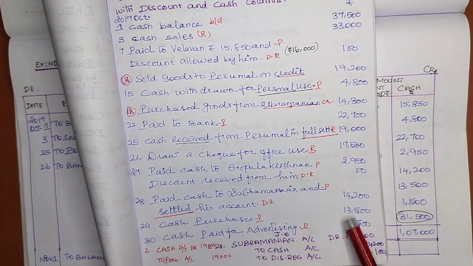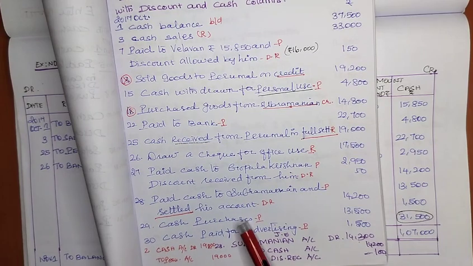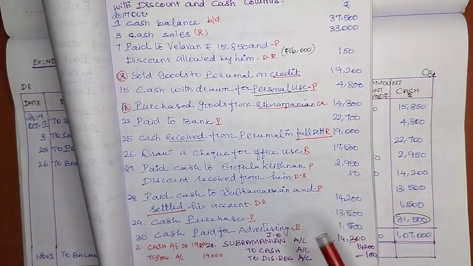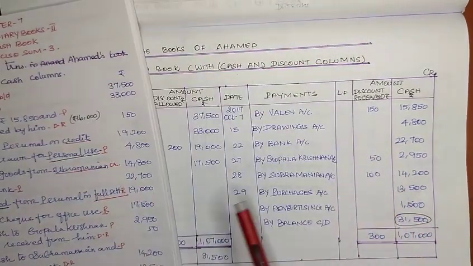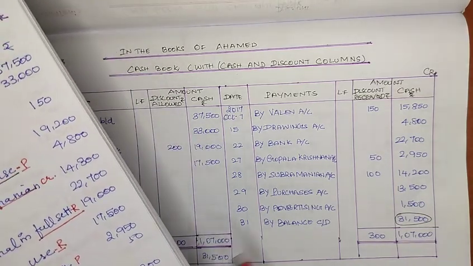Cash purchases 13,500. Purchases are expenses, and all expenses will be debited. So you made purchases through cash, so the cash account decreases. Whenever the cash account decreases, it will be credited.